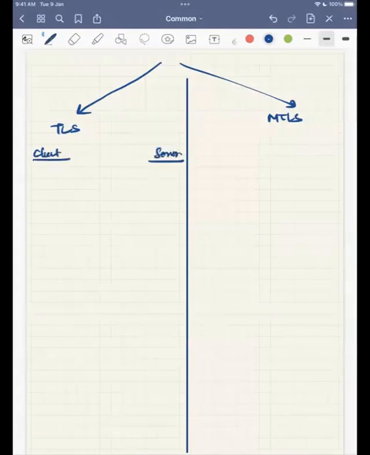The client, let's say, has some third-party trust, and the server has the key and the certificates. If there are intermediate certificates, we can consider certificates only for now.